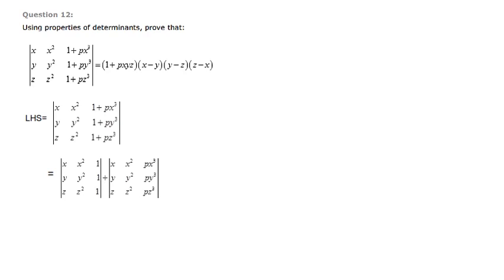That is, the first determinant is x square 1, y square 1, z square 1. And the second determinant is x square px cube, y square py cube, z square pz cube. Let's take these two determinants as delta 1 and delta 2. That is, left hand side is equal to delta 1 plus delta 2.